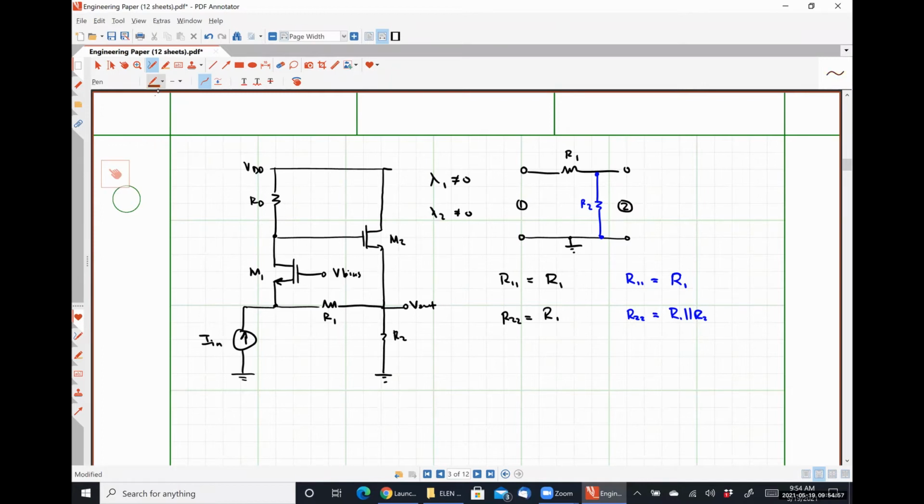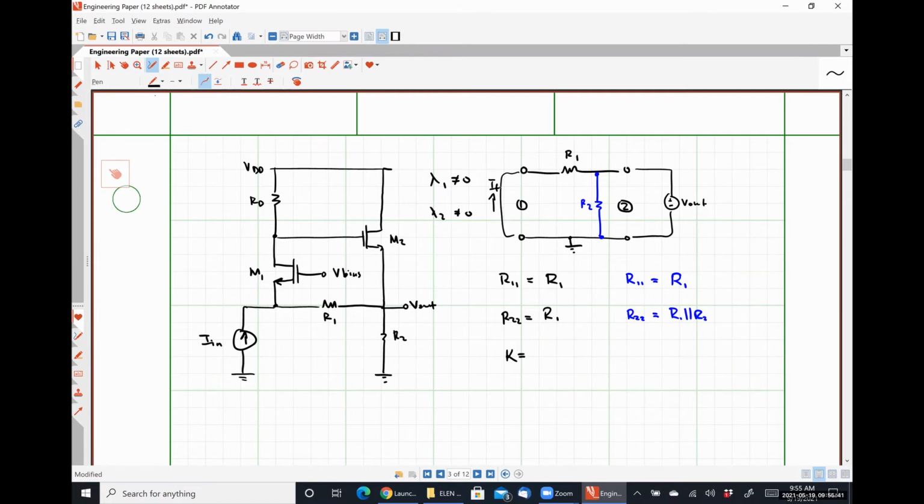Our feedback factor, that's the wrong color. So this is what's going to happen. Let's see. We are going to apply a voltage V out here. And we are looking for this current IF here. So what do we see when R2 is ignored? What was that? That's incorrect.